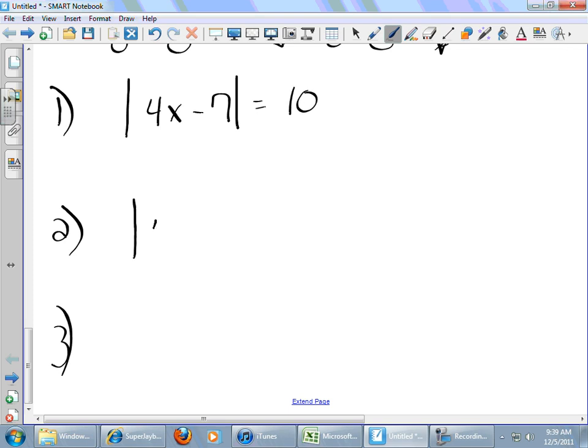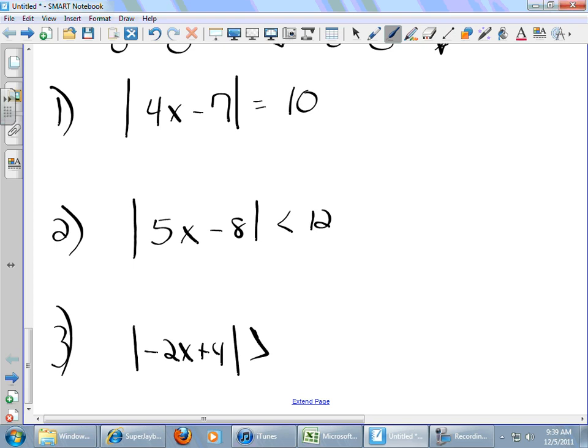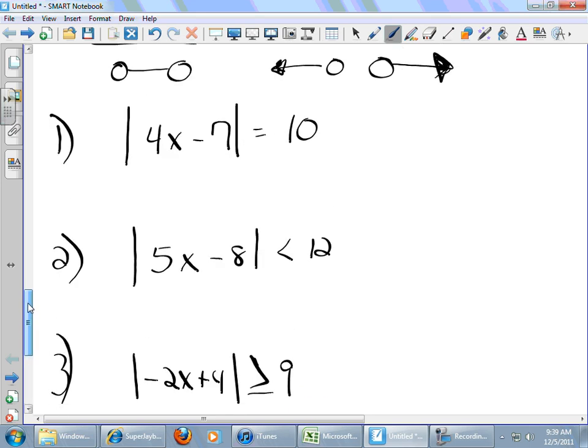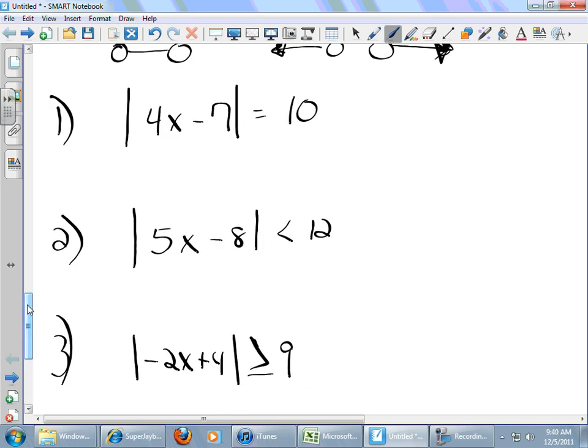Let's do the absolute value of 5x minus 8 is less than 12. And then let's go with the absolute value of -2x plus 4 is greater than or equal to 9. Again, you don't have to solve the whole problem, but I want to see if you can break it up into the two parts.